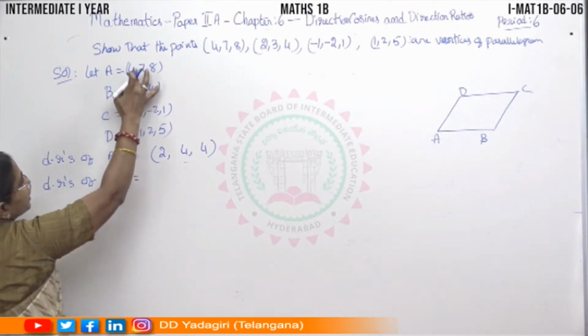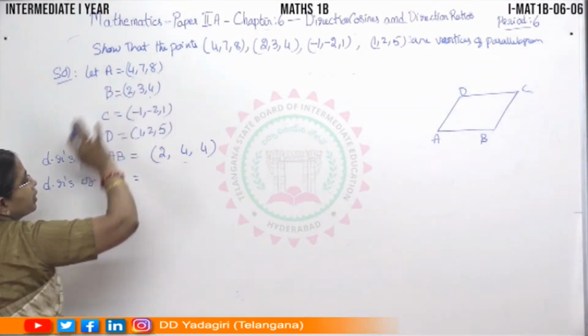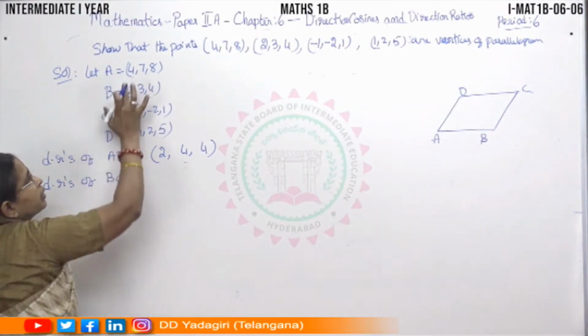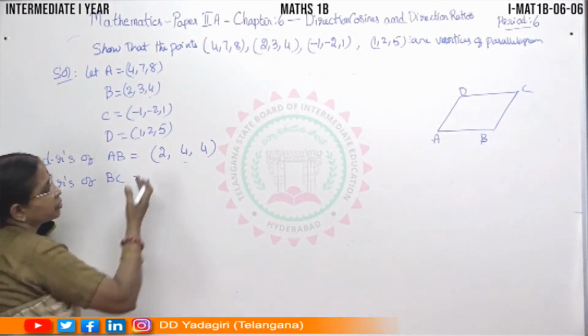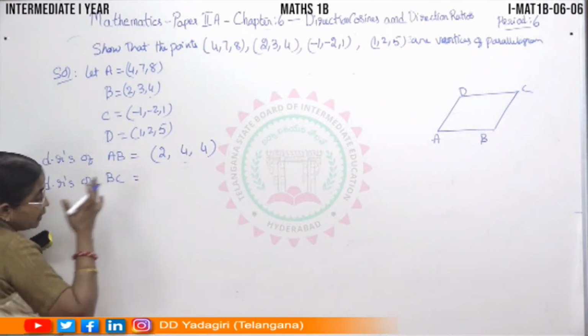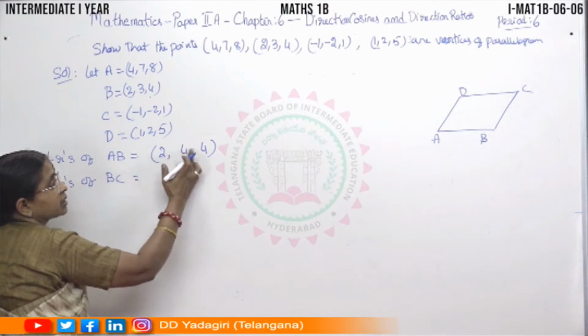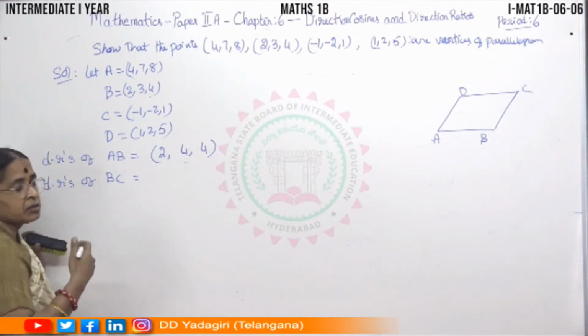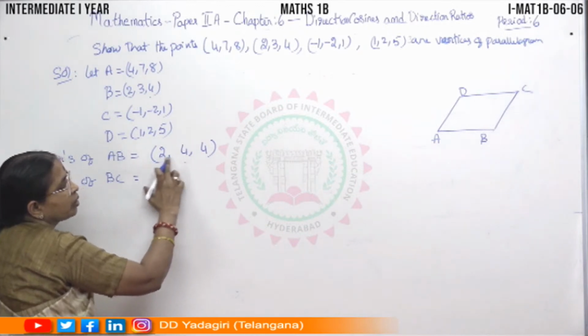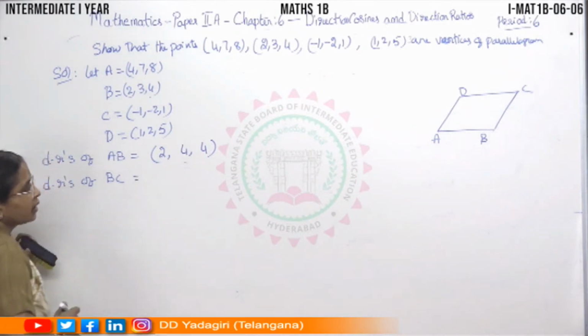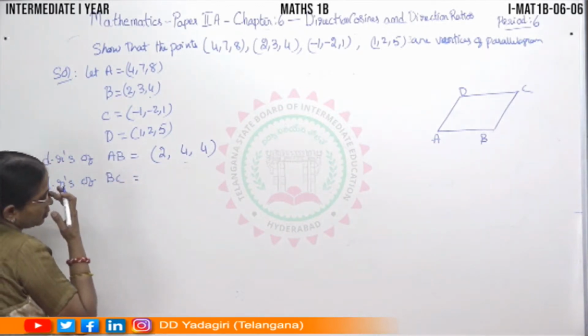It can be x2 minus x1, y2 minus y1, z2 minus z1, or x1 minus x2, y1 minus y2, z1 minus z2. Because they are ratios, you can take them in any form. If you take it the other way, it will be minus all, so you can take -1 as the common ratio and cancel. You can even write this as 1, 2, 2. Common ratio 2 you can cancel because these are all ratios.